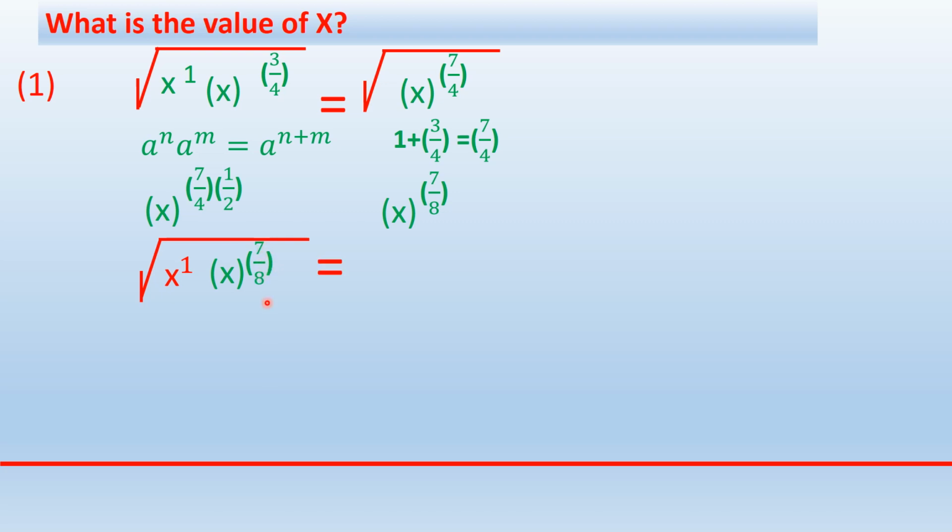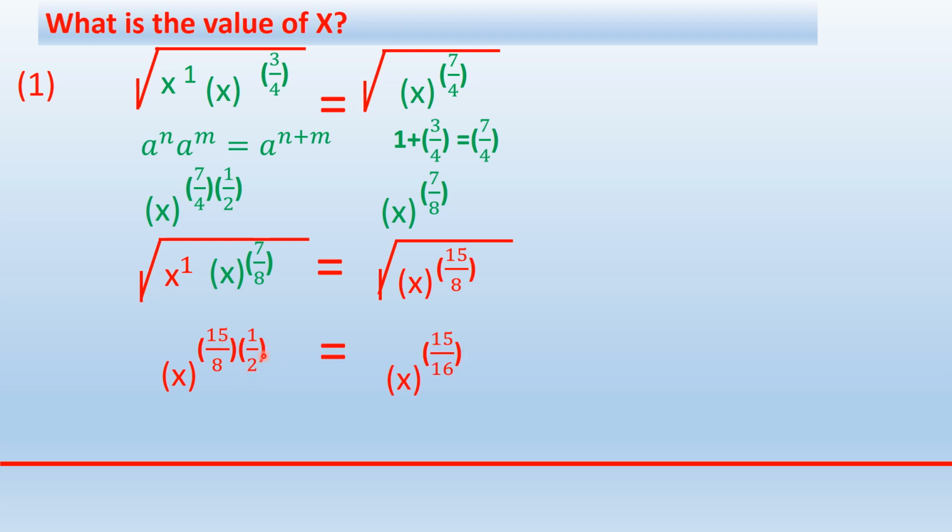And then, of course, it is still on the square. The next thing we do is take this square out of the square root, which is 1 over 2, so we multiply it by 1 over 2 here. So 15 over 8 times 1 over 2 is going to be 15 over 16. That is the answer we get for this part.